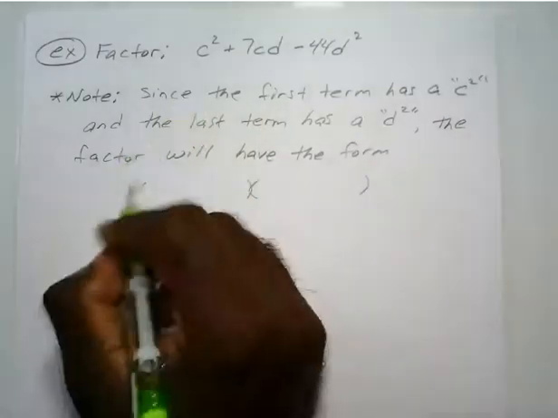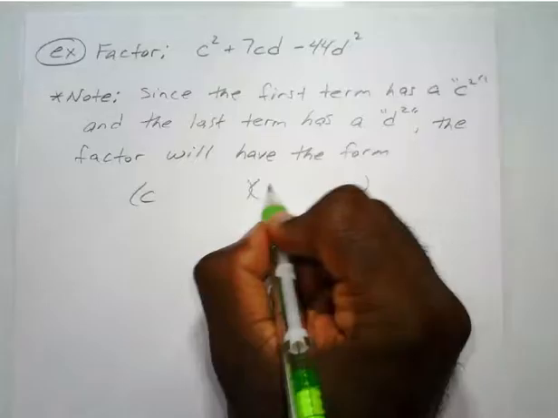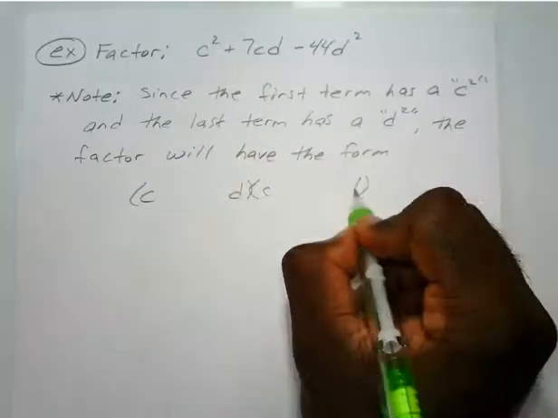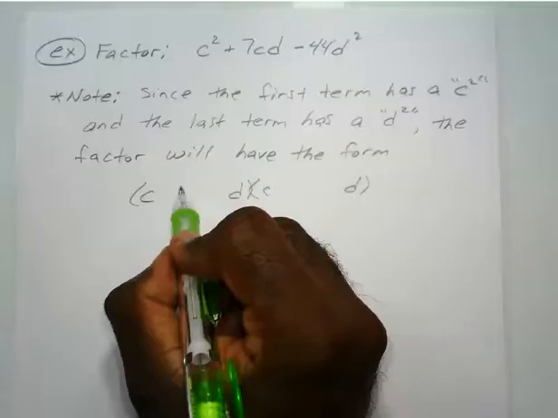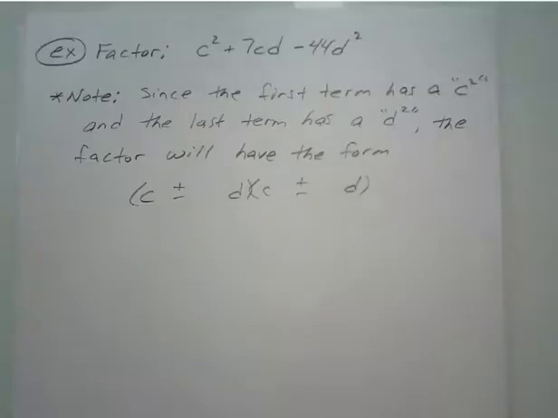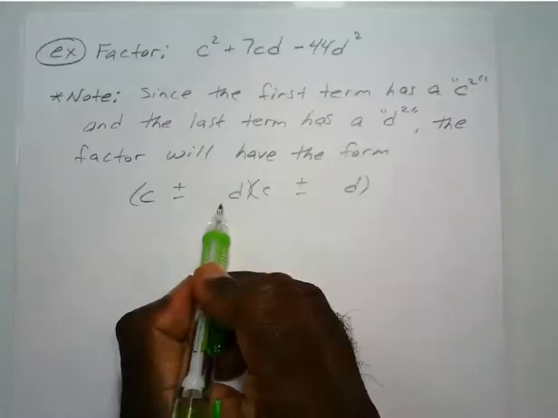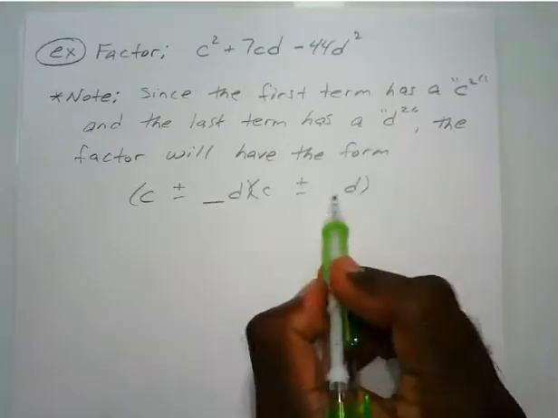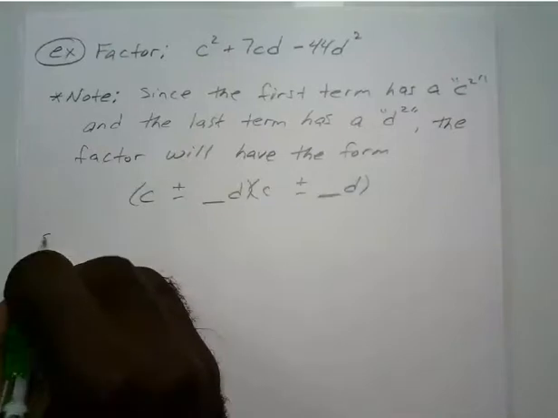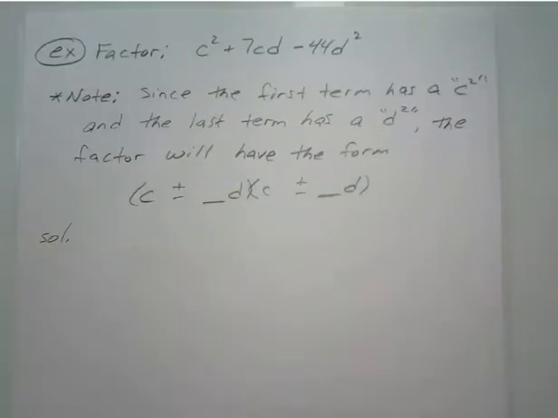Your first term will have the c, your last term will have the d, and it'll be plus or minus depending on whether it's positive or negative, but then you'll have a numerical value in front of the d.